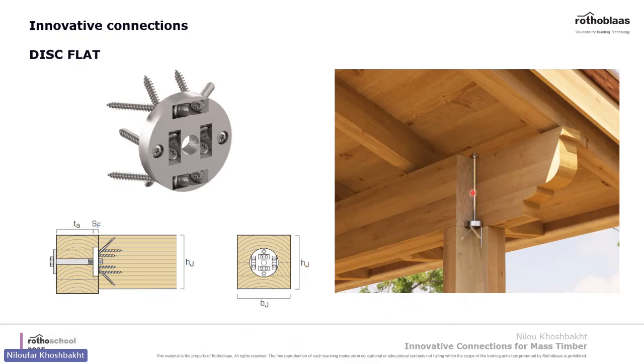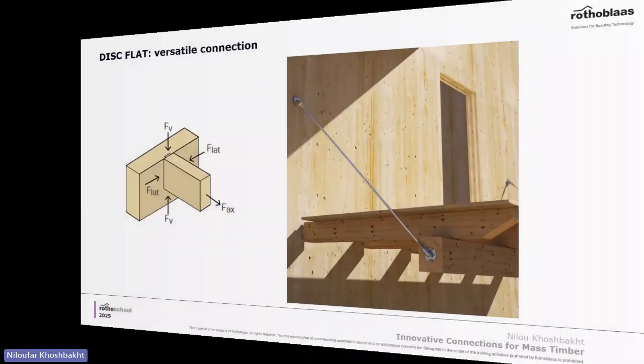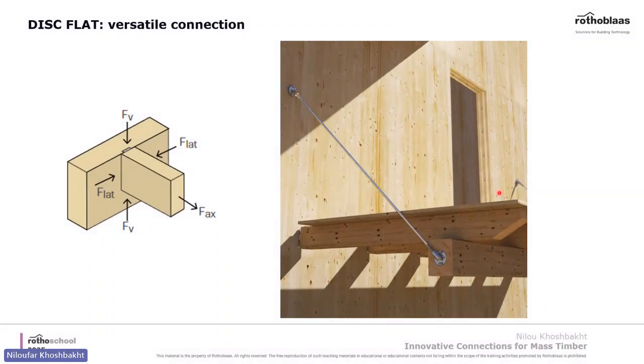It can be used with different length bolts for different situations. Here it's used to connect the beam to the post. It resists lateral loads, axial loads, and also downward forces, and it's a very versatile connection.